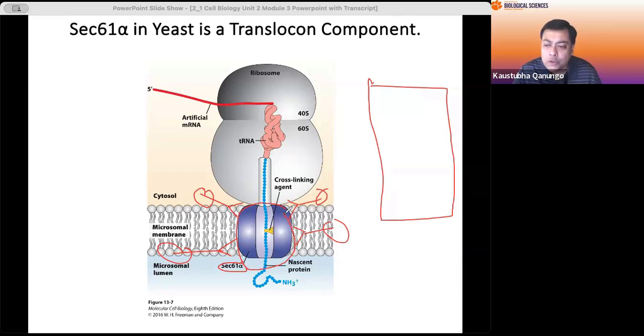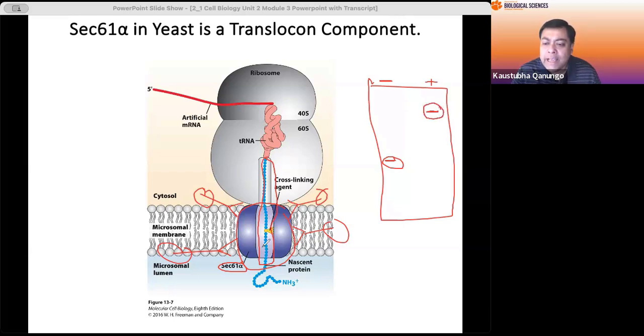So what you should see is, in this experiment, this is without the translocon, for example, and this is with the translocon. You are going to see this protein right here. Suppose you have a normal protein: its molecular weight is much, much less, whereas the protein cross-linked with the translocon shows a much higher molecular weight.